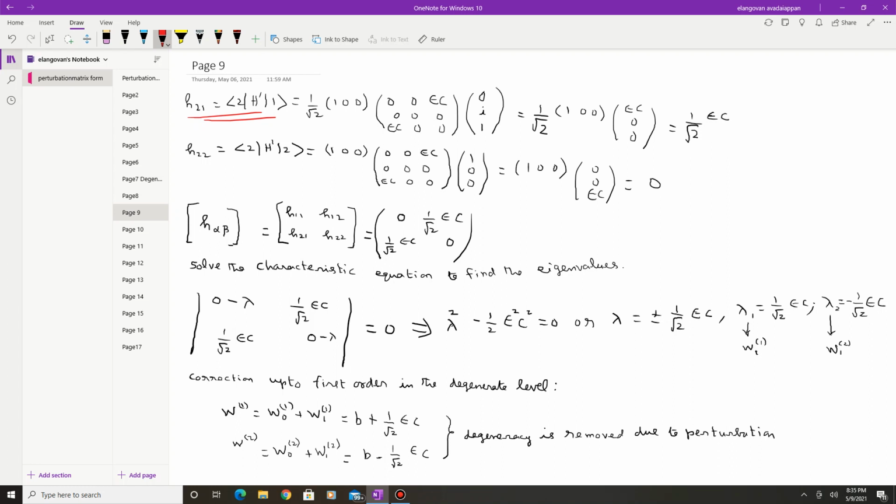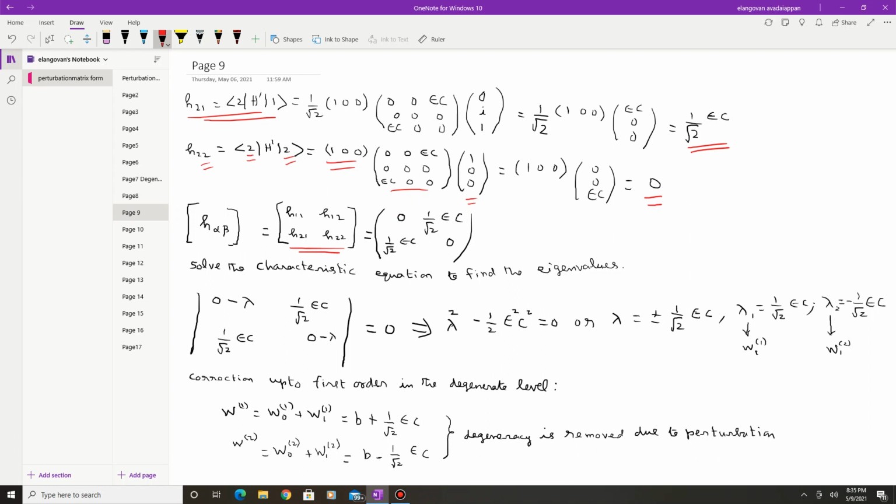Once you substitute, you will get 1 by root 2 epsilon c. H22, this is 2 and this is 2. So this vector we have already calculated. Once you substitute this here, you will find this. So all the elements of the H alpha beta matrix are calculated: H11, H12, H21, H22.